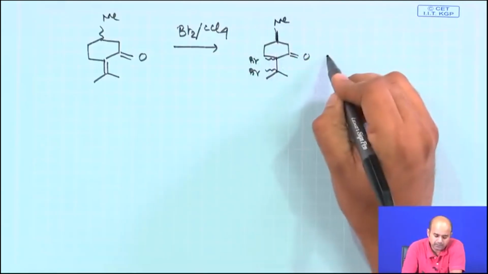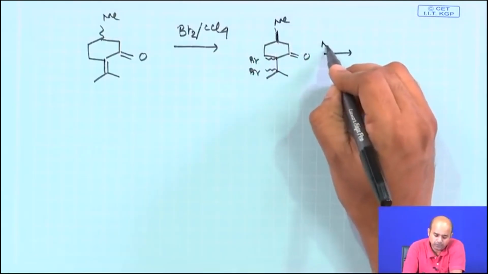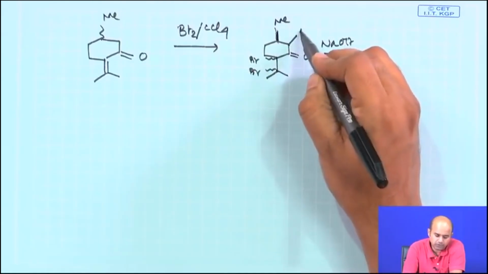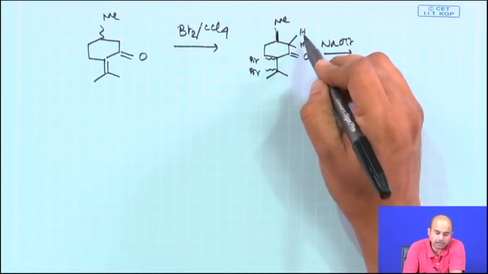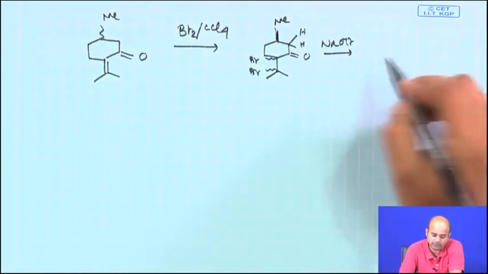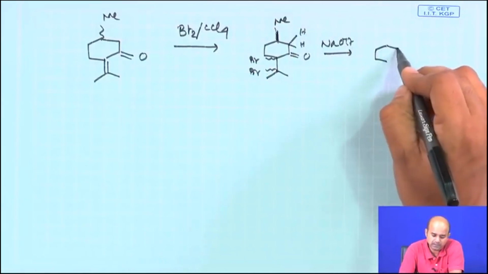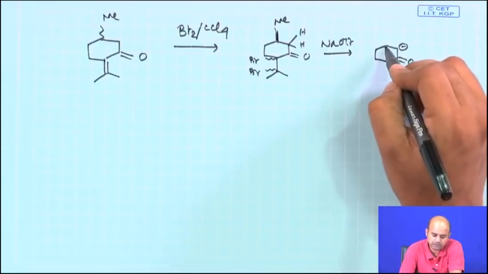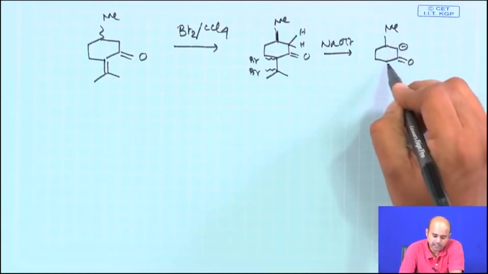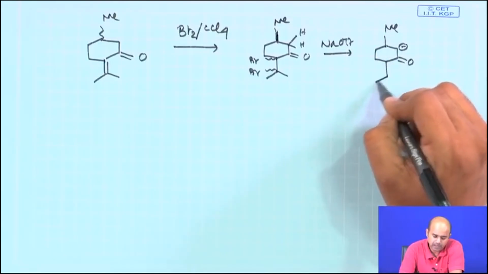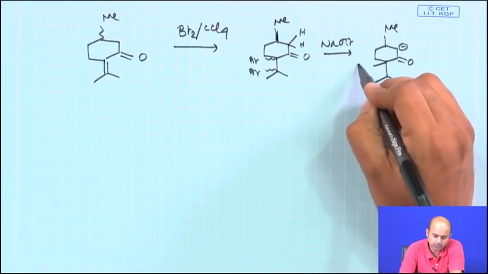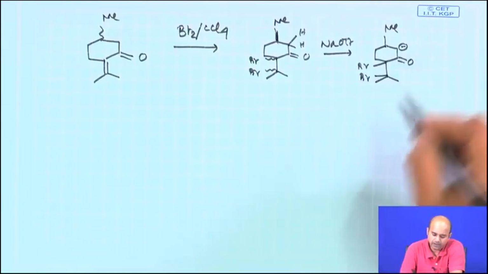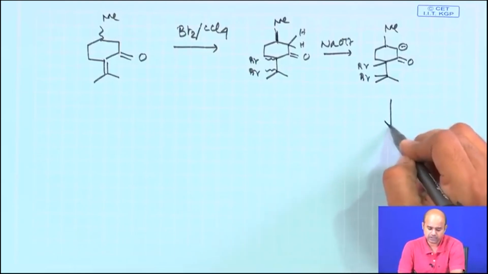You subject this compound to a base, which is normally sodium ethoxide. This ethoxide will pick up this acidic hydrogen, any one of the acidic hydrogens, and then what will you get? You get a carbanion here, okay. And in this part you have this dibromo, one Br, one Br. So, Favorsky now can start.